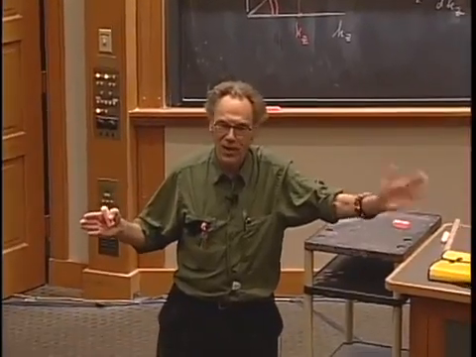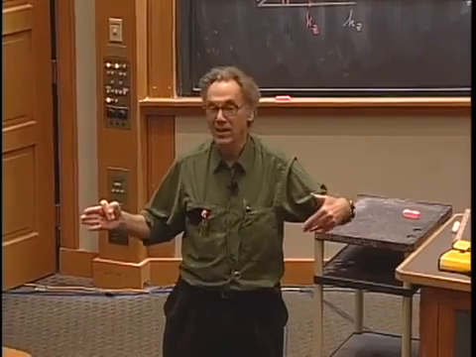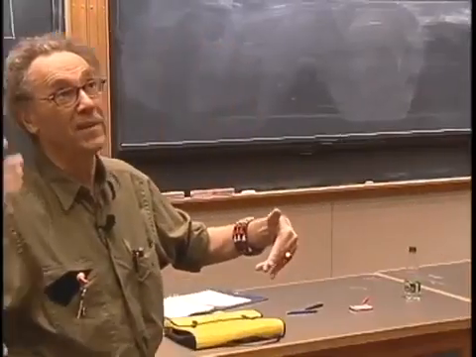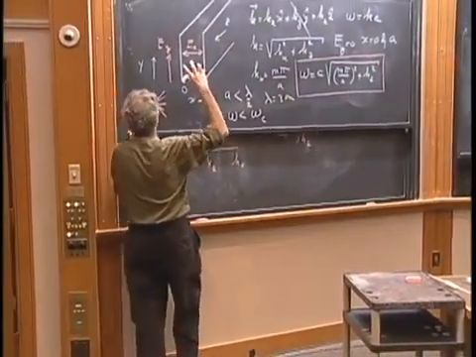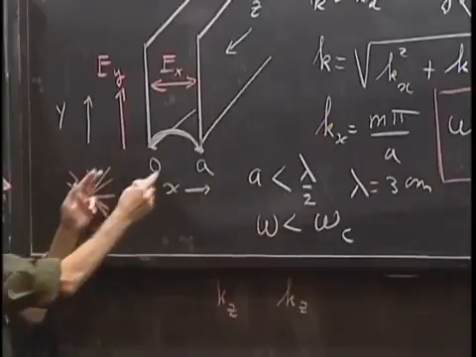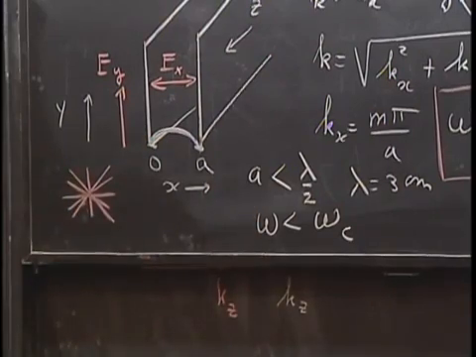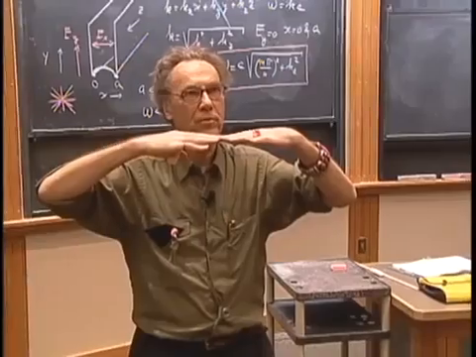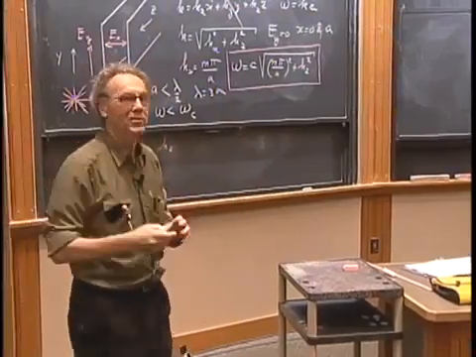That means you have created linearly polarized light out of unpolarized radiation. I wouldn't say light in this case, it's radar. So if you could get unpolarized radar going in this direction, and you make a smaller than lambda over 2, all components in this direction are killed, only this component can go through. And so you have created at the other end linearly polarized radiation.